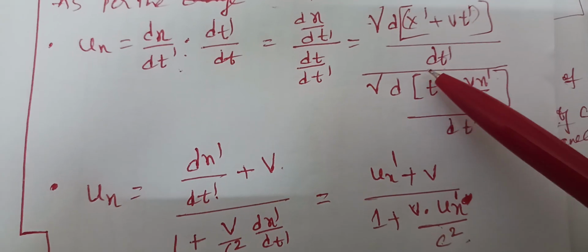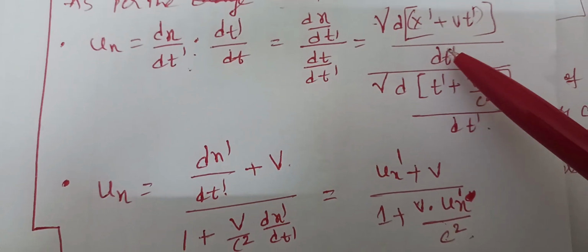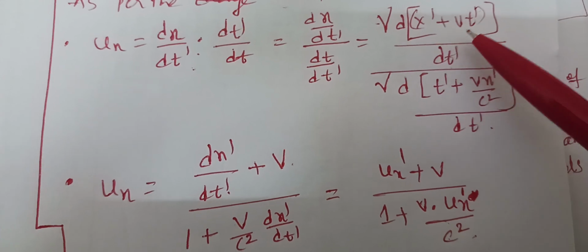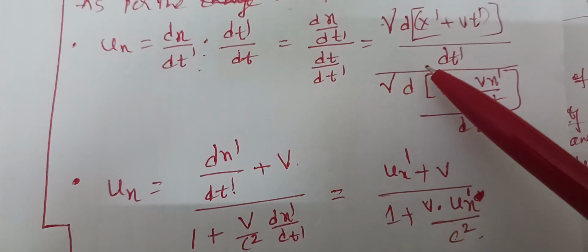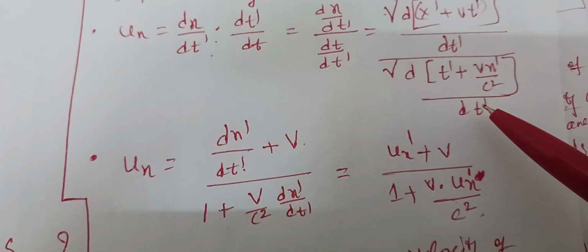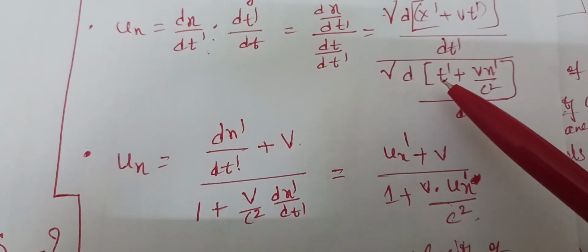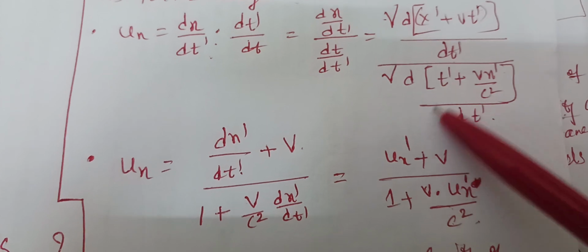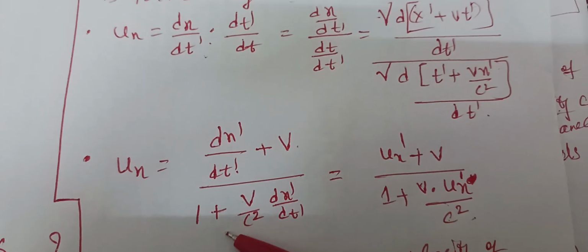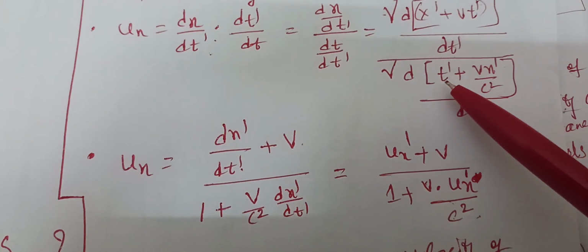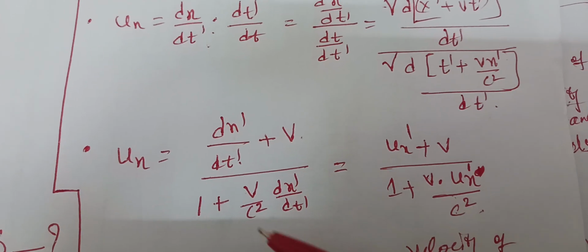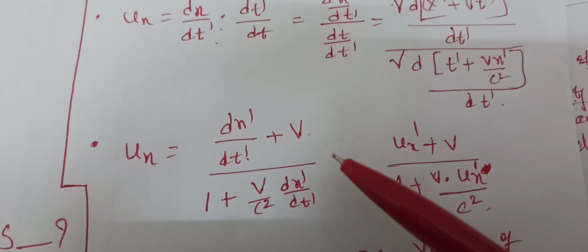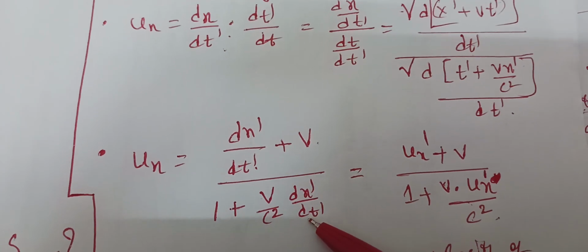The same function differentiated by itself is 1, dt dash by dt dash. Coming to the down part, gamma into dt dash, again the same function is 1, plus the term v dx dash by c square dt dash. So this is as I have written.